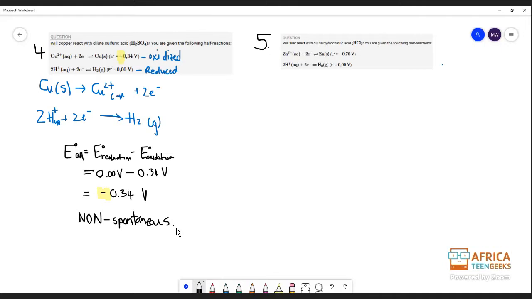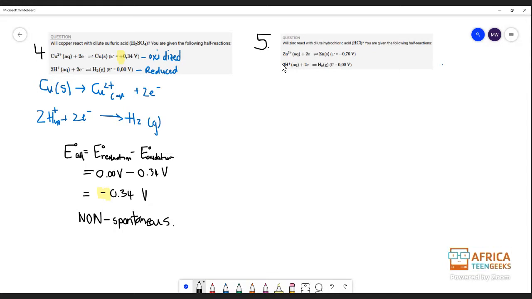Then right next to it, there is another little question, and it says, will zinc react with dilute hydrochloric acid? And you are given the following reactions. So then they tell you what zinc is, and they tell you what hydrogen is. And I know that zinc is a metal.